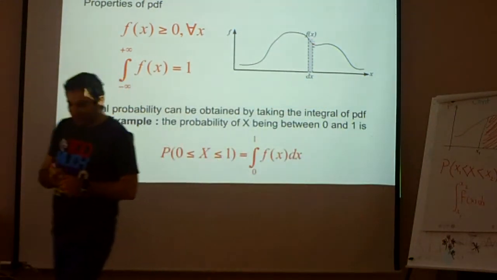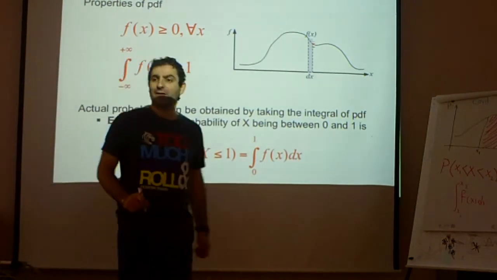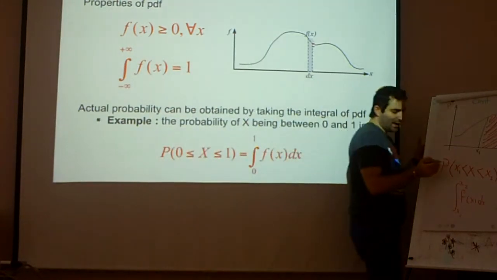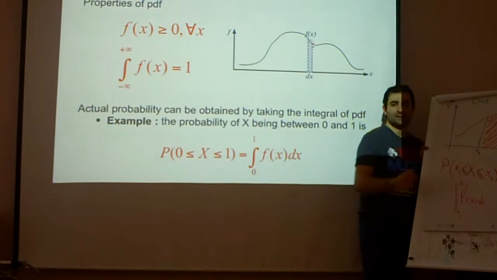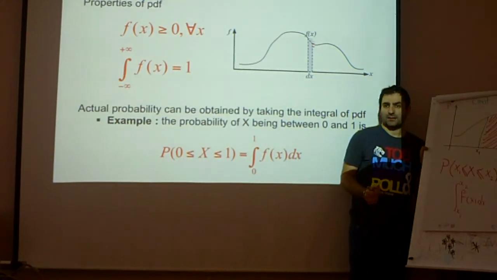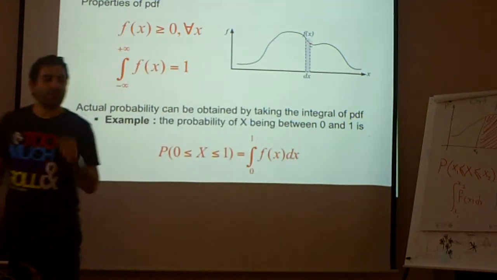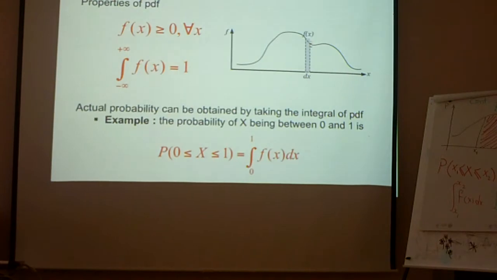So in the continuous form, the probability of having one point is always 0. That's why here it doesn't matter if you put the equalities or not. Usually we do, but it's not important. So the probability of one point, remember from calculus, is 0.